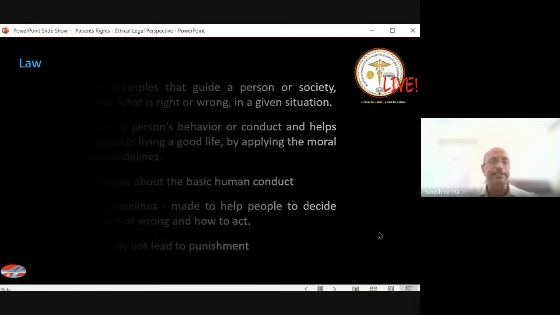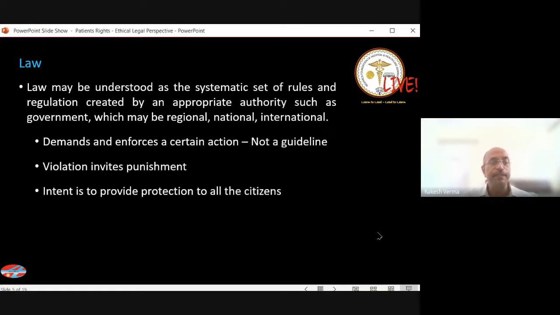This is in contrast to the law, where laws are a set of rules and regulations created by an authority. In most instances, this authority is the government. It can be a regional, local, or international law, depending on who has created it and on whom it applies. And the law, unlike a guideline like ethics, demands compliance and can enforce a certain way of conduct.